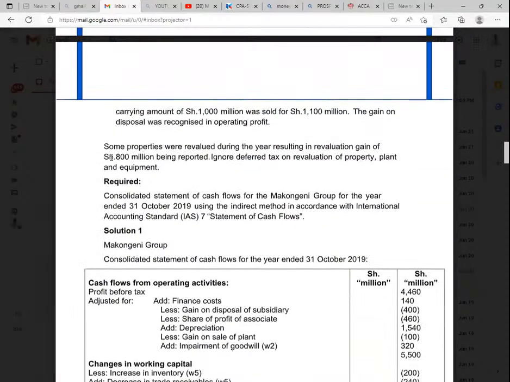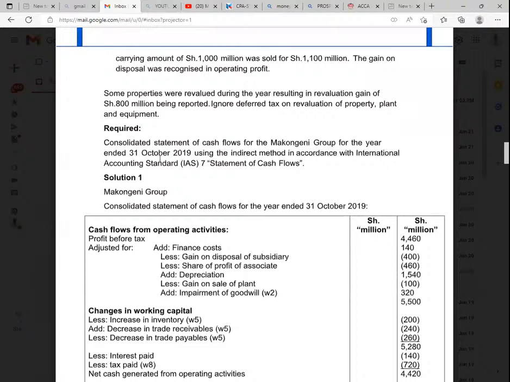So required, they want me to give them a consolidated statement of cash flows for the CEHE Group for the year ended 31st October 2019 using the direct method in accordance with International Accounting Standard IAS 7 statement of cash flows.